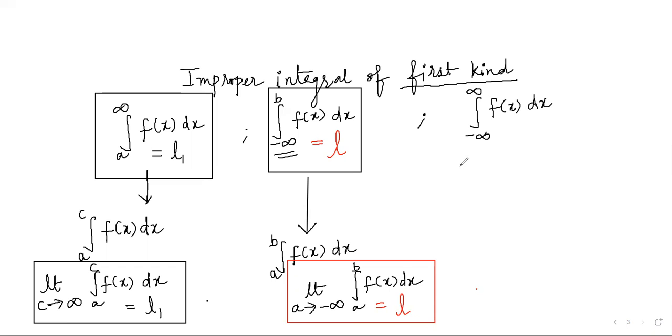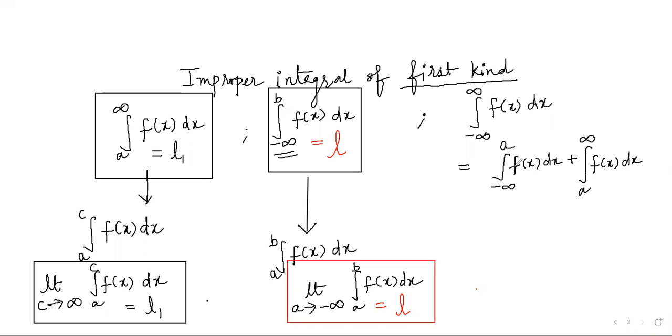So I can write this as the integral from minus infinity to a, where a is some real number, of f(x) dx, and then another integral having limits from a to infinity of f(x) dx. And we will be checking for both of these integrals.